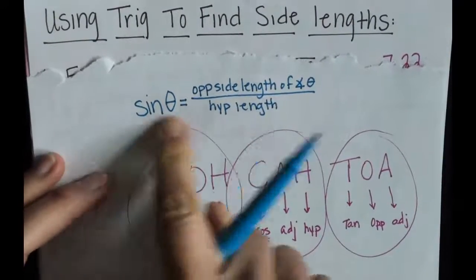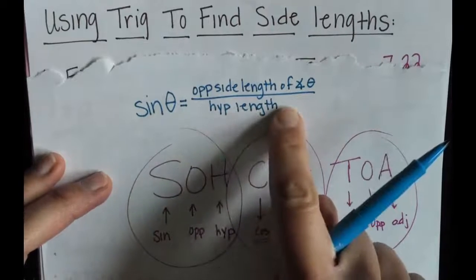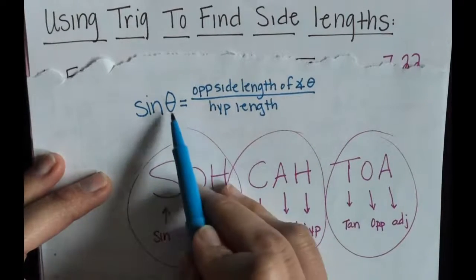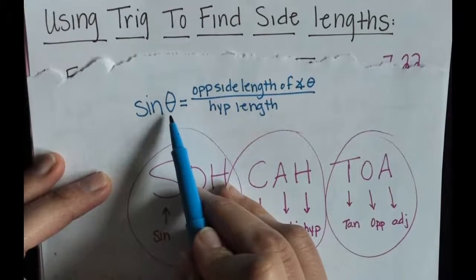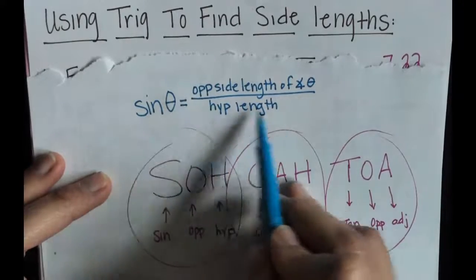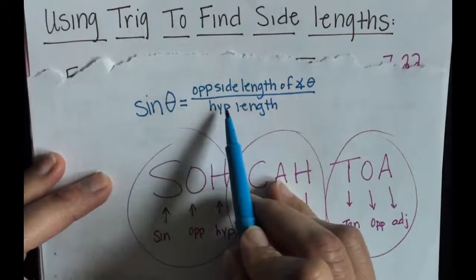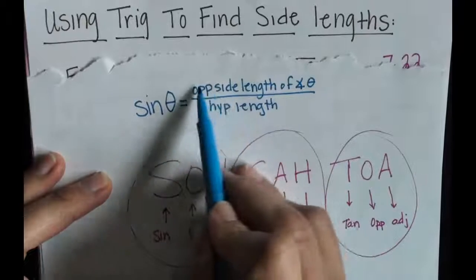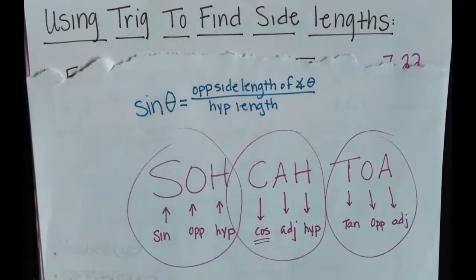So it's actually this equation, and because I have the degree, 53, and I have the hypotenuse, the only unknown would go in this spot. So then I have enough information to solve an equation.